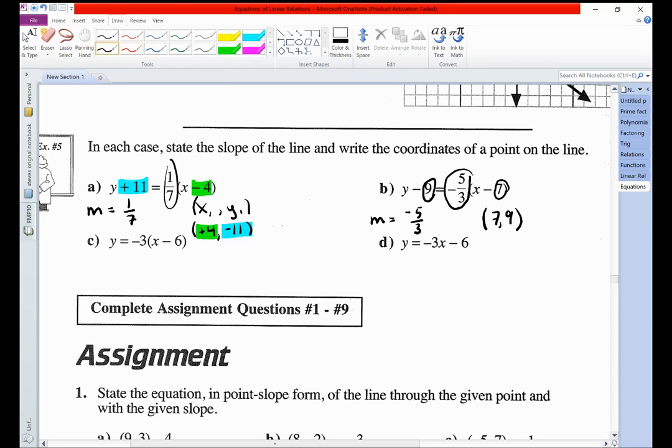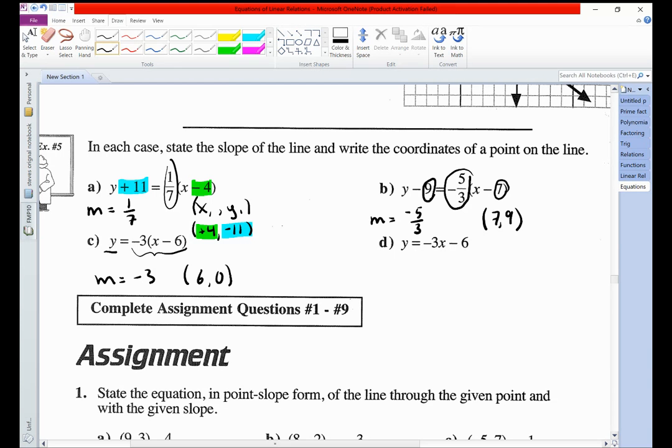In this case, in C, we just have y, and then the rest of it looks correct. So that must mean that our y coordinate is 0, and our x coordinate is 6, and our slope is negative 3. And in the case of D, you can see that it's in slope-intercept form.